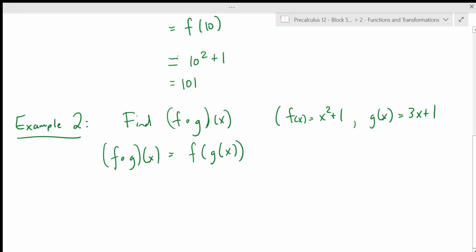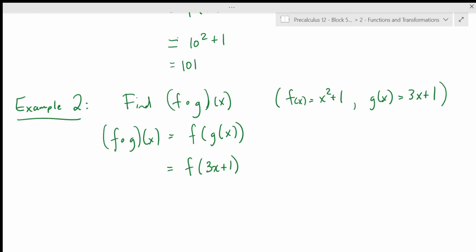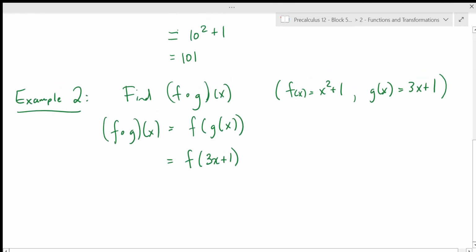So we are going to find f of, well, g of x is 3x plus 1, so we're going to find f of 3x plus 1. The thing that can get a little bit confusing here is now we're going to take the 3x plus 1 and replace the x in our f function with 3x plus 1.